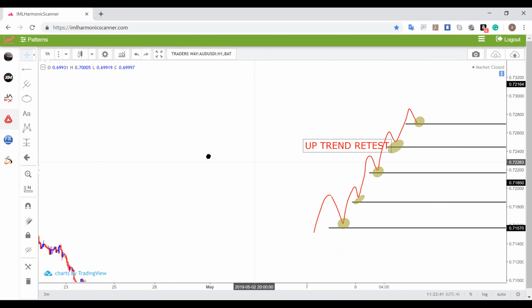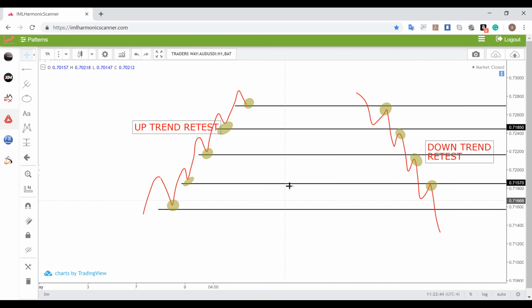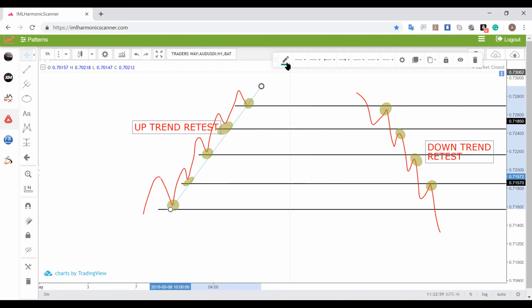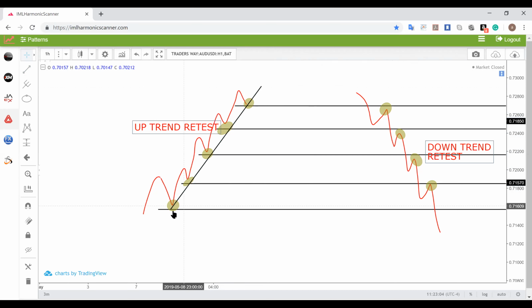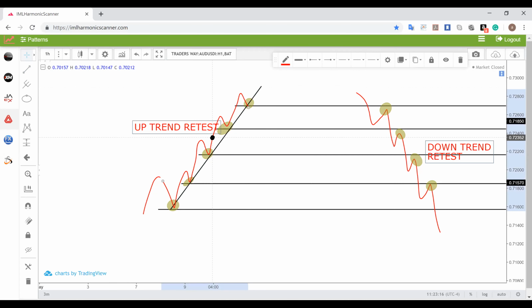You see how you have support and resistance going up or down. It's the same thing. Your trend line is what connects it all together. This is how you want to draw your trend line. This touches this, touches this, touches this, touches this. Likewise, an uptrend line. Let me know what you're seeing here.